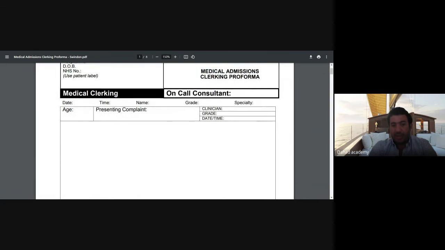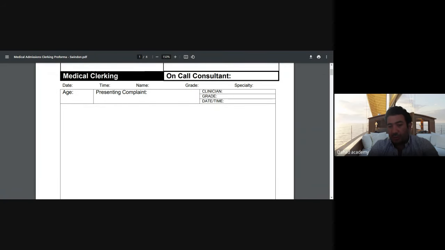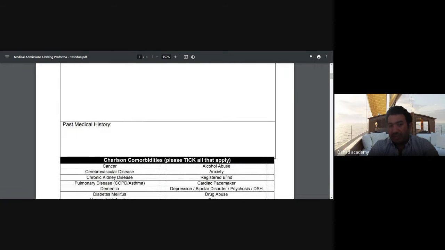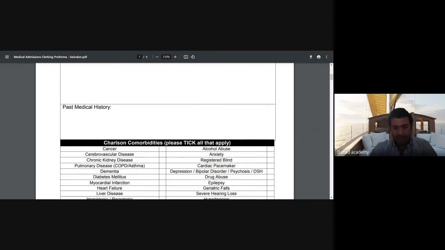And then you can put the presenting complaint history in this area and the past medical history. Let's say the patient has diabetes, hypertension, ischemic heart disease, congestive heart failure, cataract, dementia, put everything there.